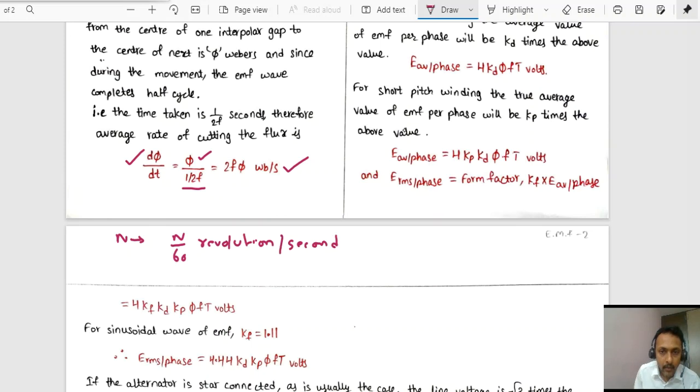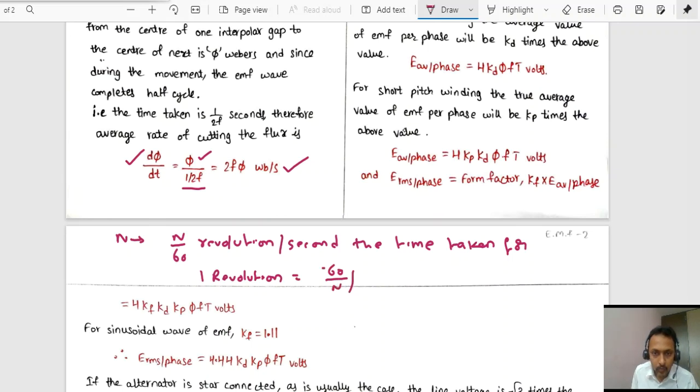So the time taken for one revolution will be 60 by N.